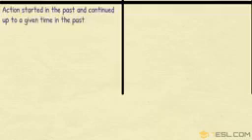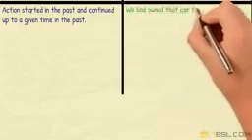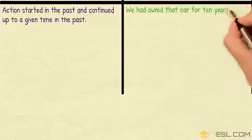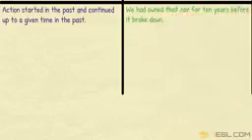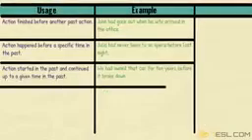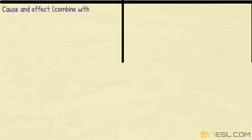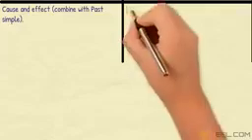Action started in the past and continued up to a given time in the past. We had owned that car for 10 years before it broke down. Cause and effect combine with past simple.